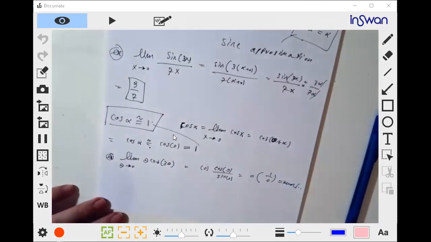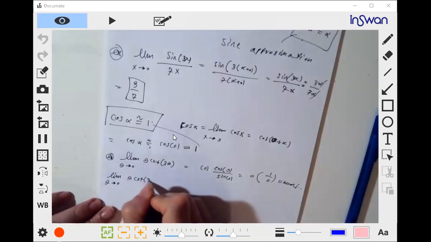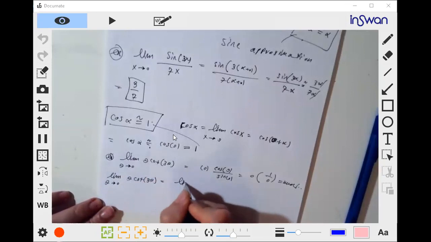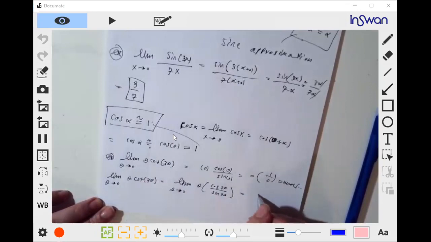So notice that the limit as theta approaches 0 of theta cotangent of 3 theta is the same thing as the limit as theta approaches 0 of theta times cosine of 3 theta over sine of 3 theta. And that's the same thing as 0 plus alpha, which we'll just write alpha, of cosine of 3 times 0 plus alpha, which we'll just write 3 alpha, all over sine of 0 plus alpha times 3, which is just 3 alpha.